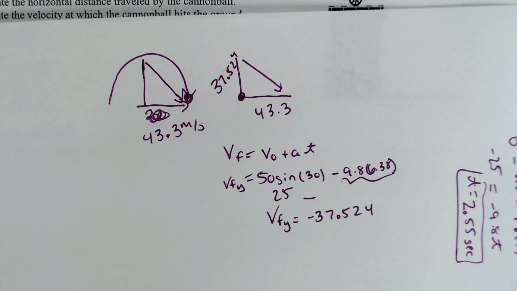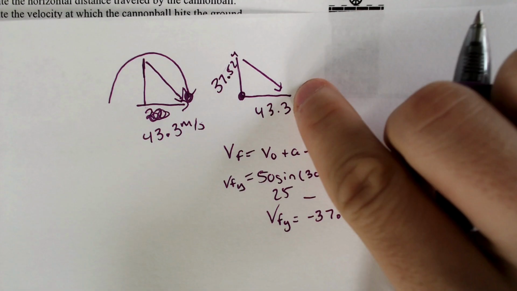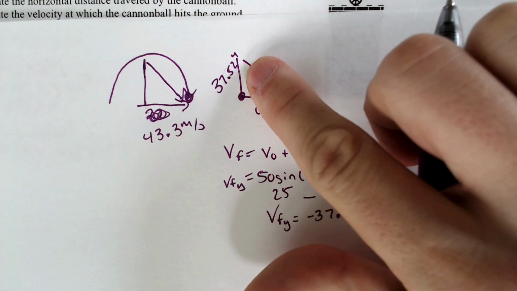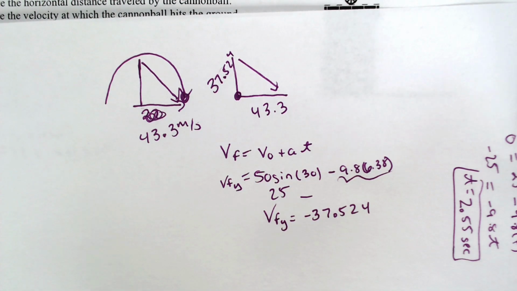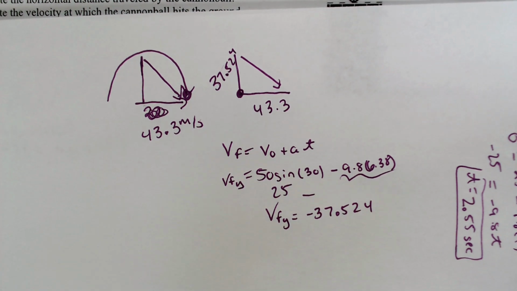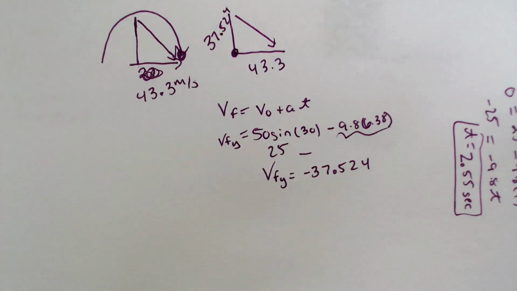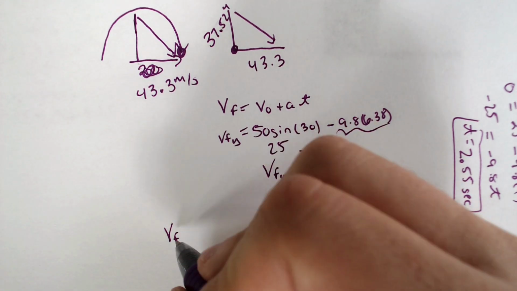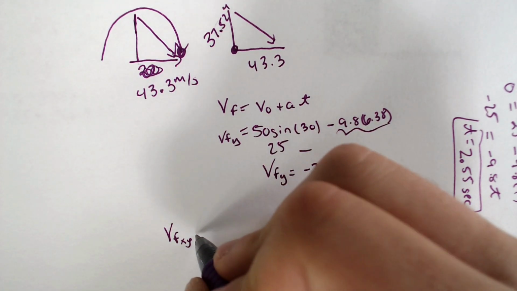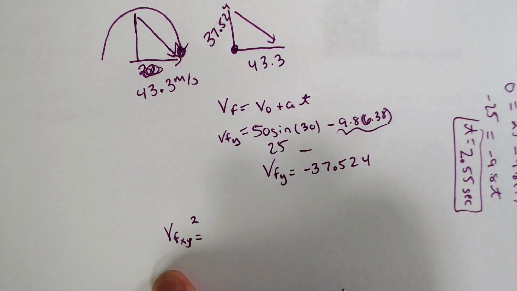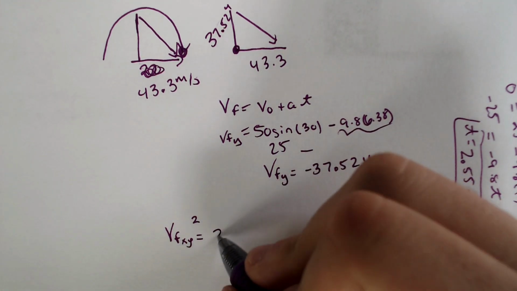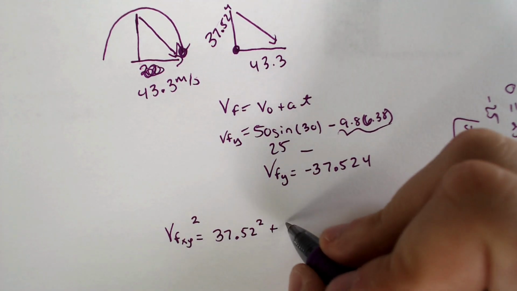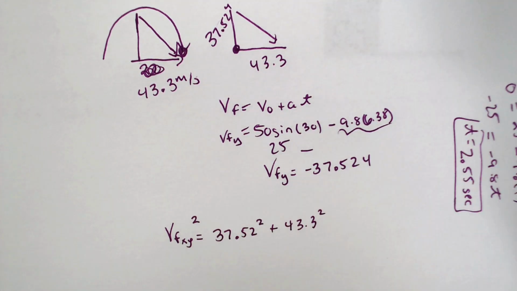37.524. In order to find the actual final velocity, we need to combine this 43 to the right and this 37 in the downward direction, which is not going to be as simple as just adding them together, unfortunately. Use the Pythagorean theorem. So our true final velocity for both x and y will be the 37.52 squared for the y, and the 43.3 squared for the x.